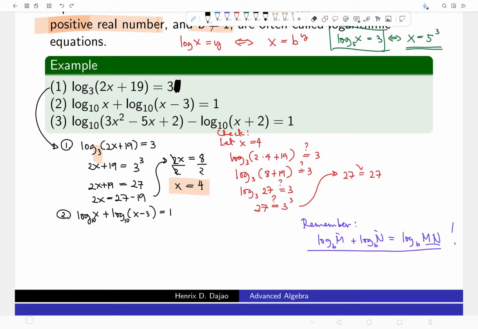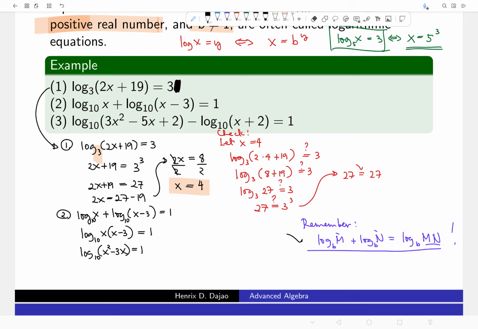We combine by using the property. So that becomes log base 10 of x times x minus 3, equal to 1. Then just simplify. That becomes x squared minus 3x, equal to 1. So that's a single quantity.